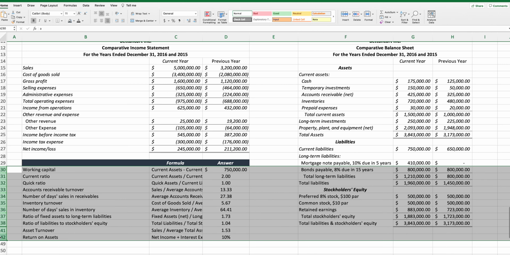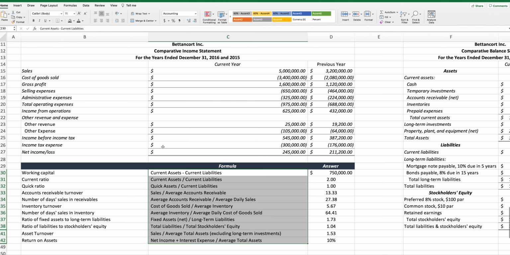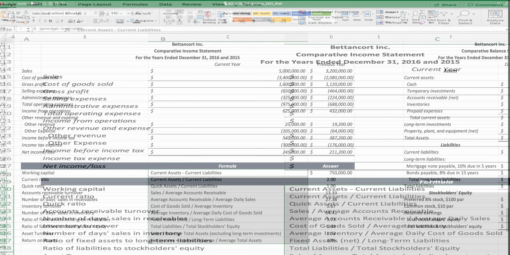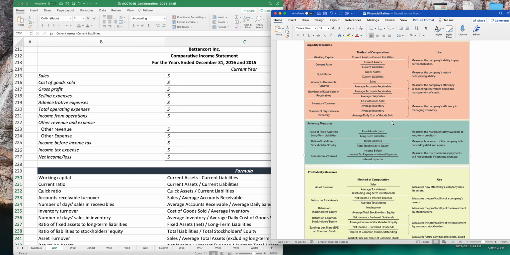When you are working with these analyses, this is going to be the time that you really want to drag over your financial ratios formula sheet. This particular one pager not only gives you your liquidity measures, your solvency measures, and your profitability measures, but you're also going to get the formula here in the center and what it's used for.